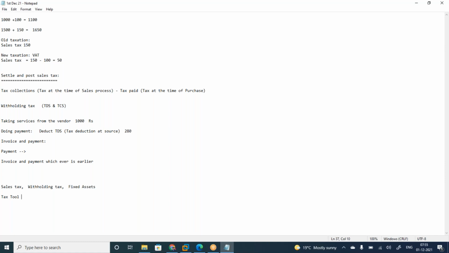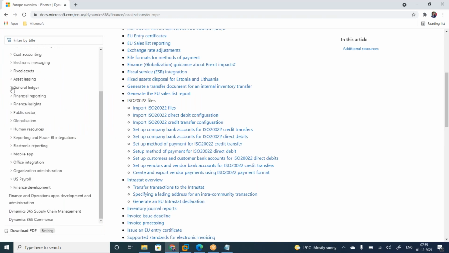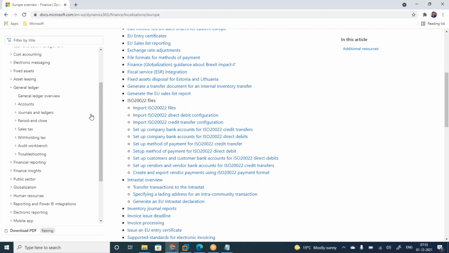So I came to know there is one tool coming. This tool is majorly used in Europe. From their words, what I understood, this will be used a lot for Europe taxation. So this may not fulfil 100%, I'm not sure.